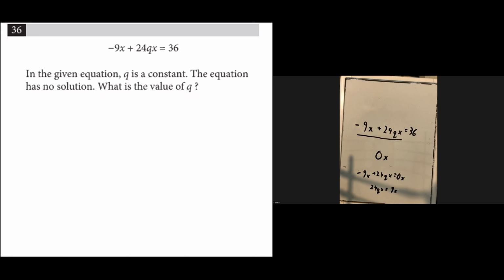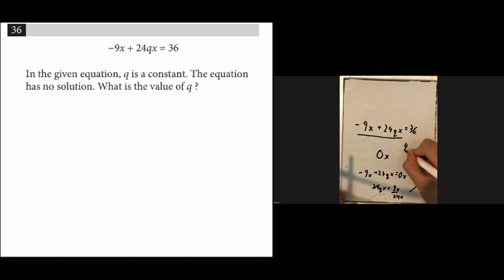And then we divide 9 by 24, or 9x divided by 24x. We can also just cancel the x, and we get q equals 3 over 8. Q equals 3 over 8.